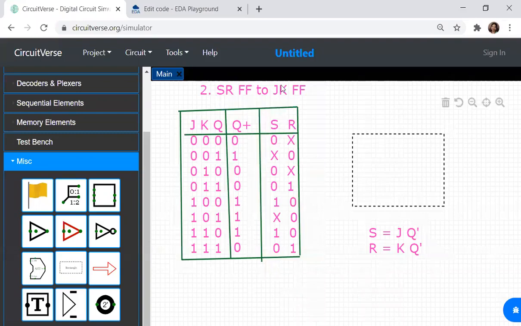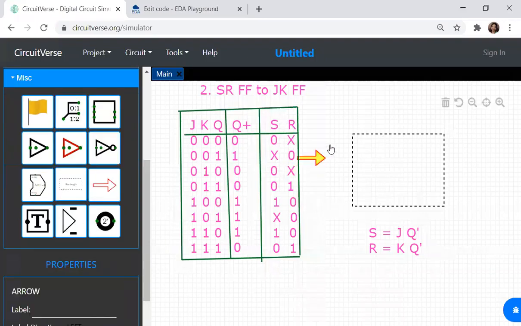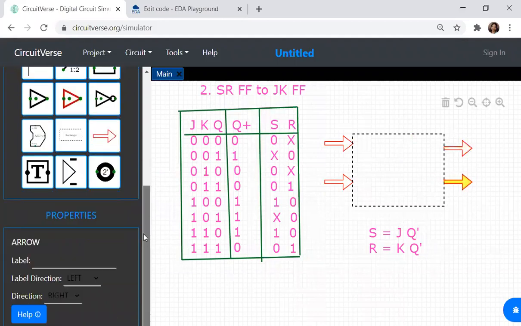The conversion is from SR to JK, which means I already have an SR flip-flop. This rectangle over here represents my existing SR. So I already have an S, this represents my S, and this represents my R. And this is already my Q, and this is my Q bar.